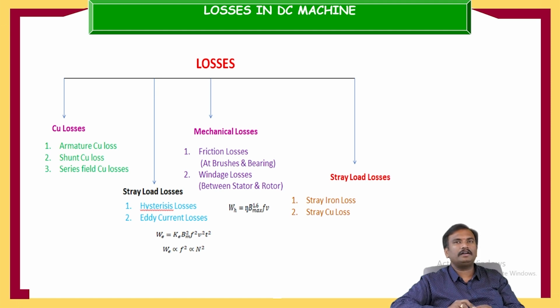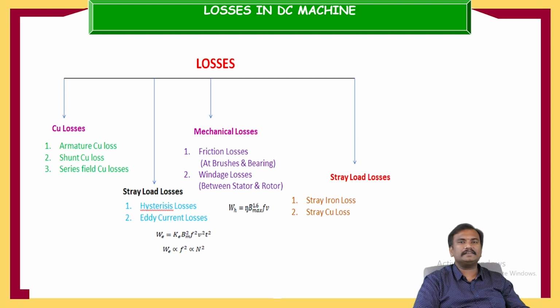Even though you increase the load on the machine, the losses will be constant. These losses are constant because they correspond to mechanical parts, that is, they depend on the constructional features of the DC machine. Now we'll go with the electrical losses.